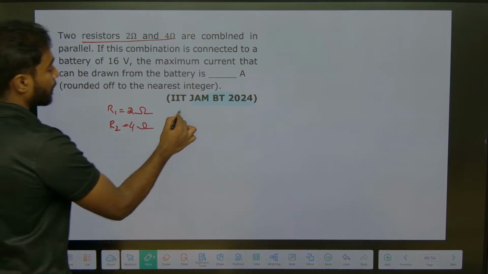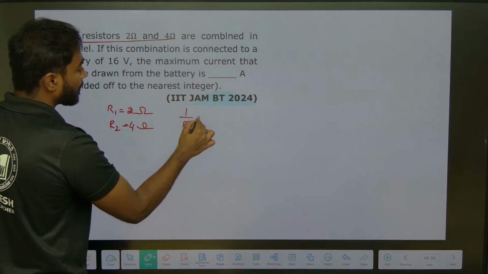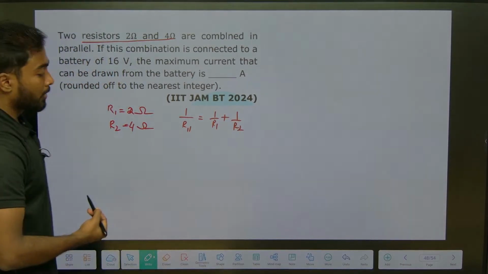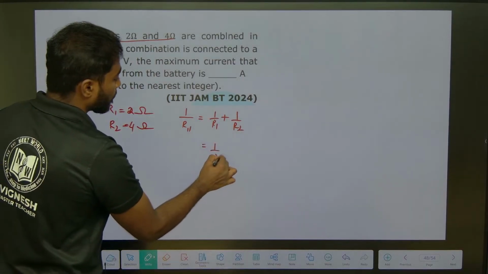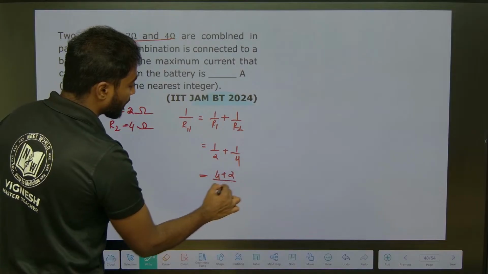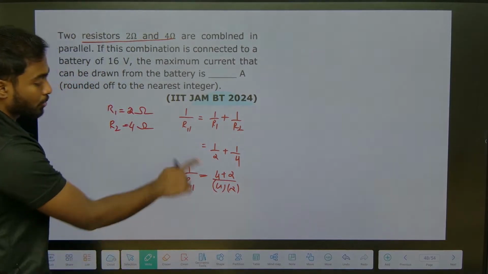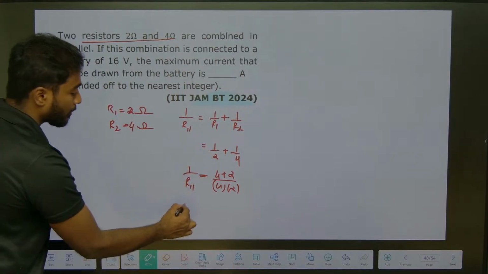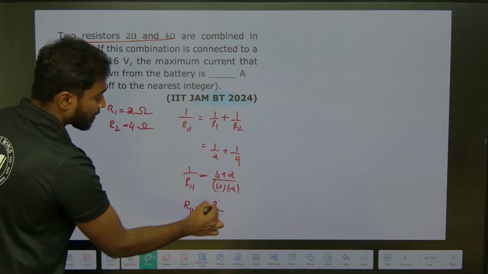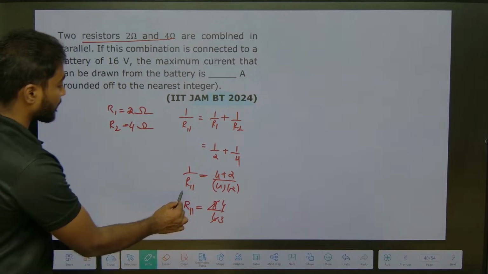For the equivalent resistance, 1 by R parallel equals 1 by R1 plus 1 by R2, so 1 by 2 plus 1 by 4. Cross multiplying, 4 plus 2 divided by 4 into 2, which is 1 by R parallel. Taking the reverse, R parallel equals 8 by 6, which is 4 by 3. So this is my equivalent resistance.